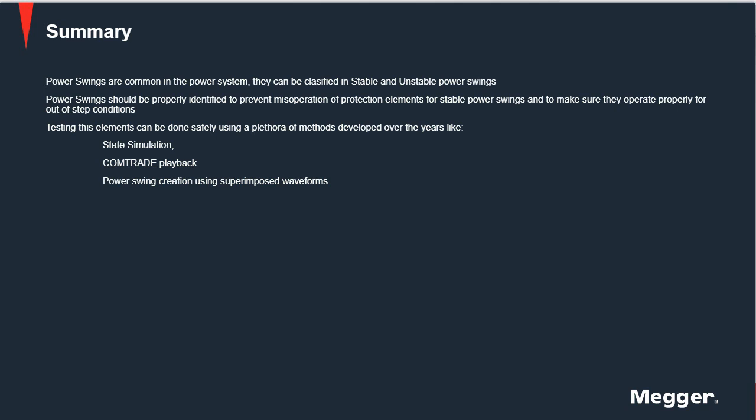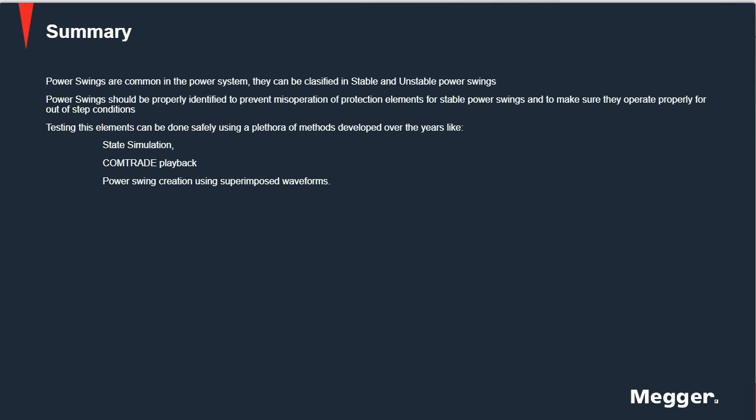That's why you have power swing blocking. You're not blocking the power swing, but you're blocking the operation of protection elements if a stable power swing is detected. And out-of-step tripping, because if the power swing is unstable and the generator goes out of step with the rest of the network, then you have to actually trip.